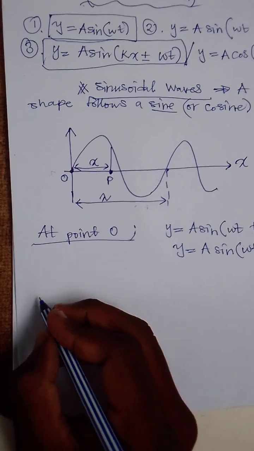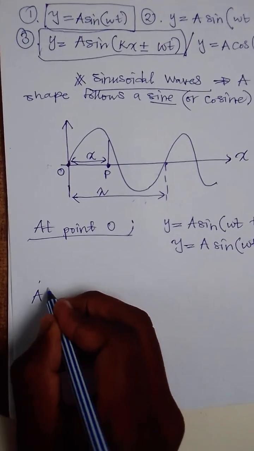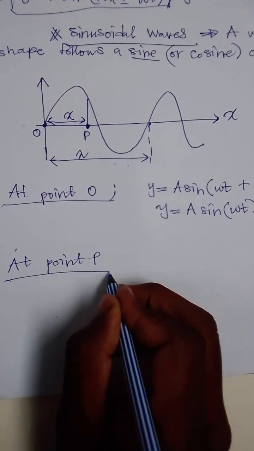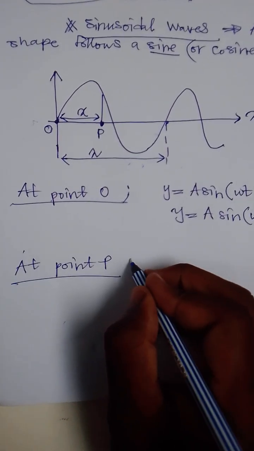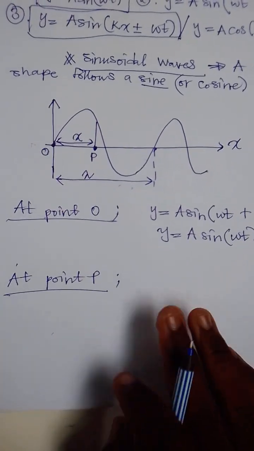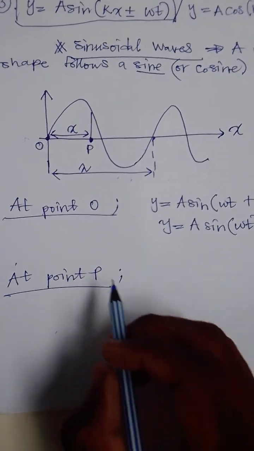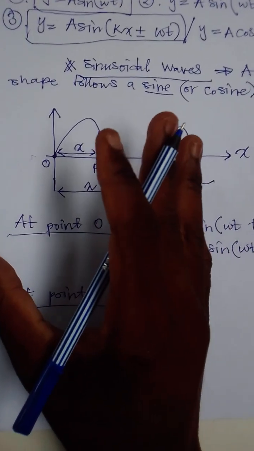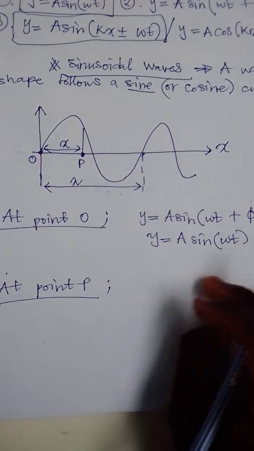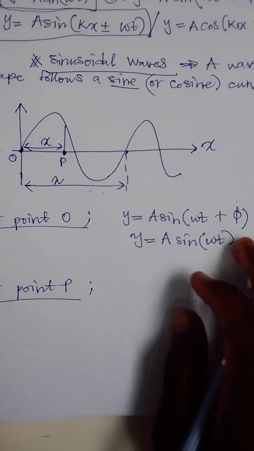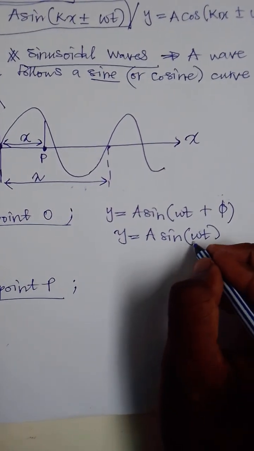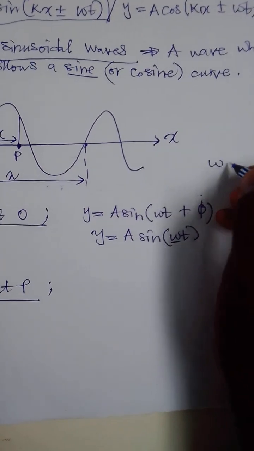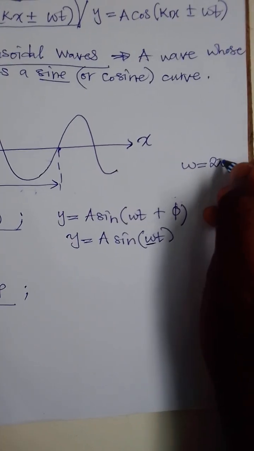Now, what happens if you are at point B? Okay, at point B, there are some changes that will happen, because we know from here to here it's not a complete circle, so there will be some adjustments to this formula. And if you don't have the omega in your equation, you can replace omega by 2 pi f.